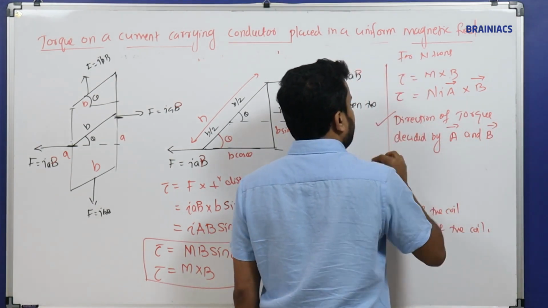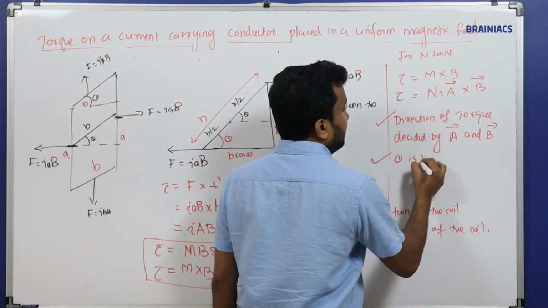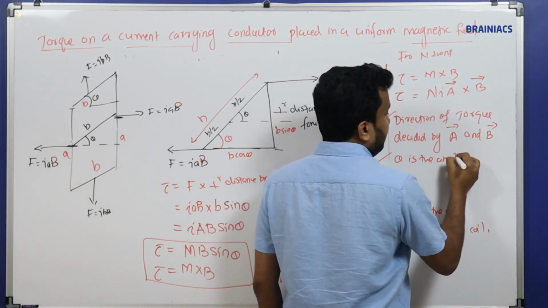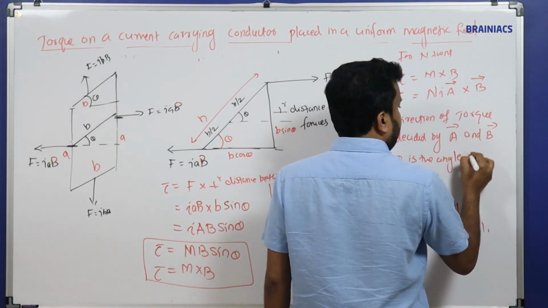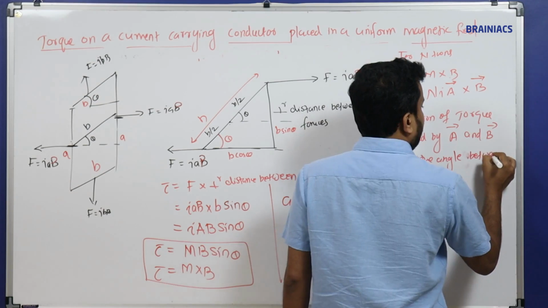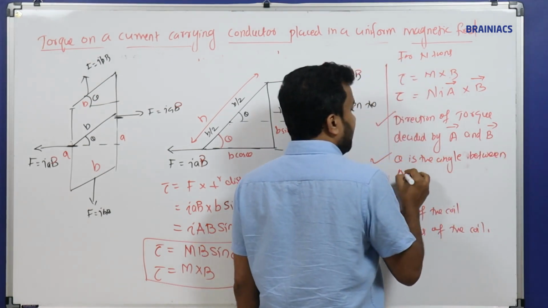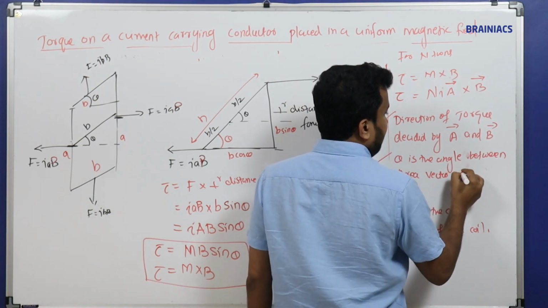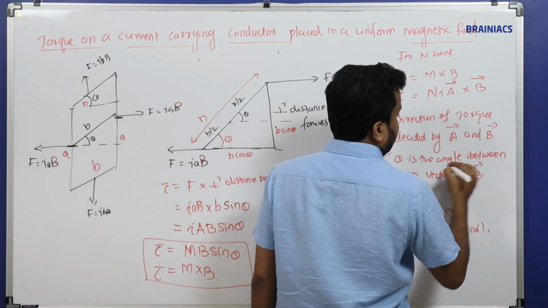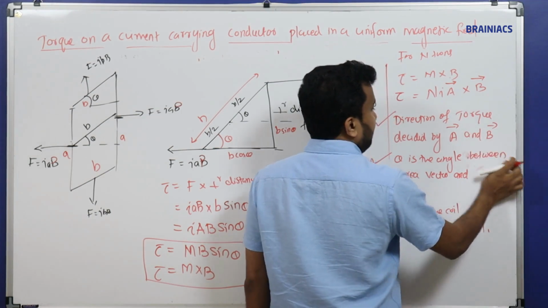Okay, this is one point. Second point, theta is the angle between area vector and magnetic field.